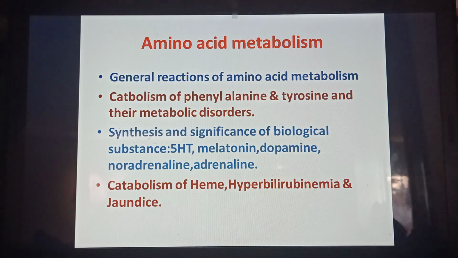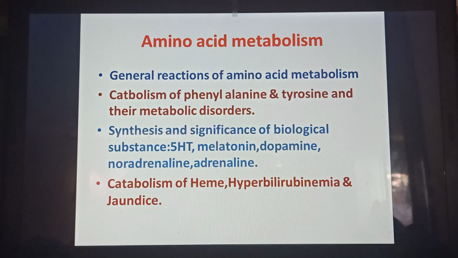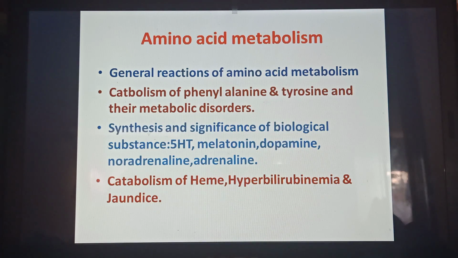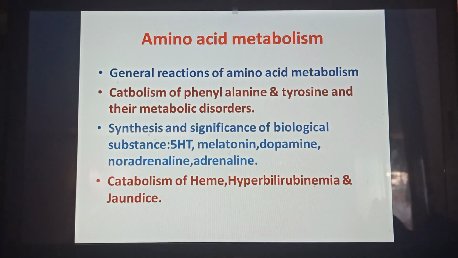Hello students, today we are going to start with amino acid metabolism, a new topic. In this chapter we have to study the general reactions of amino acids: transamination, deamination, decarboxylation, catabolism of phenylalanine and tyrosine and their metabolic disorders, synthesis and significance of biological substances like 5-HT, melatonin, dopamine, noradrenaline, adrenaline, and catabolism of heme, hyperbilirubinemia, and jaundice.